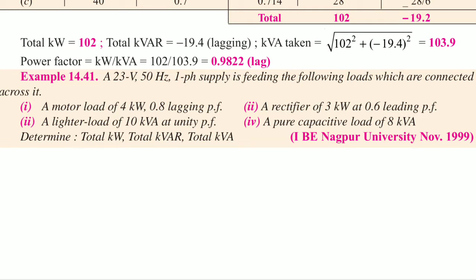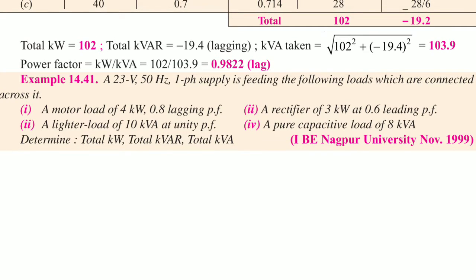The first one is a motor load of 4 kilowatts at 0.8 lagging power factor, a rectifier of 3 kilowatts at 0.6 leading power factor, and a light load, that means a bulb load, of 10 kVA at unity power factor.